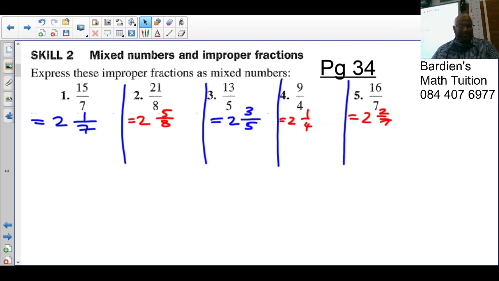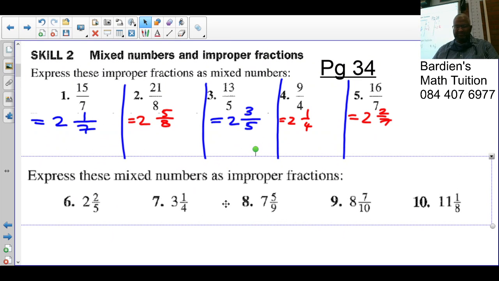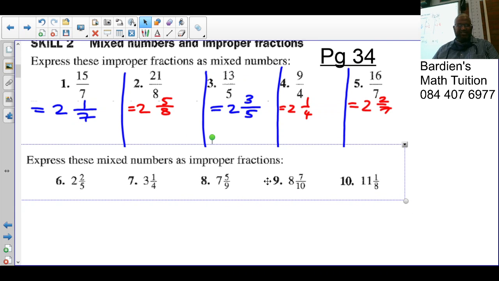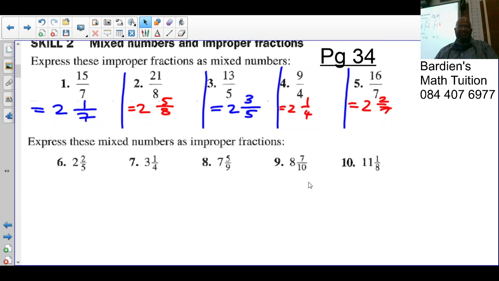Now, let's look at the second part of the skill. They ask you to express these mixed numbers as improper fractions. So this is basically the reverse of what we just did now. Not so?